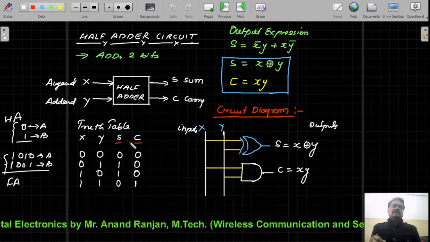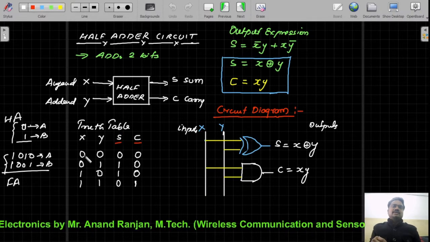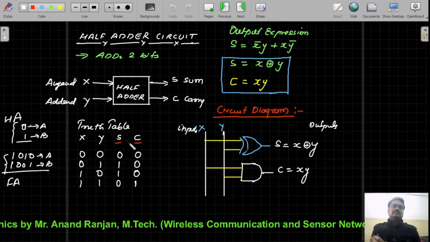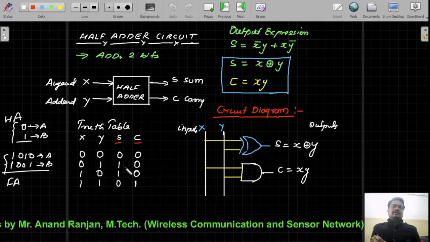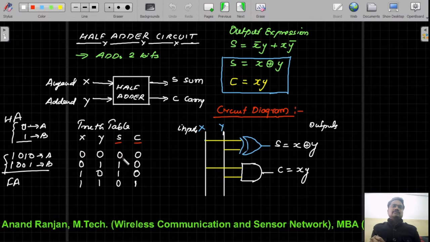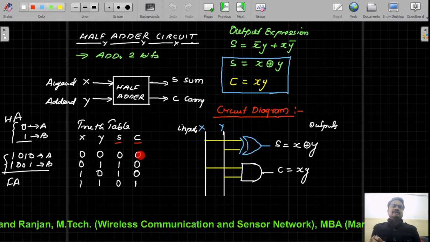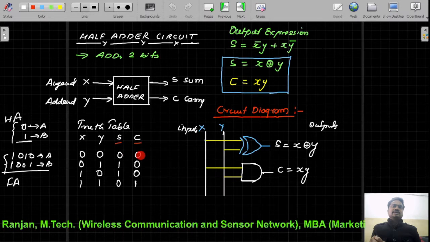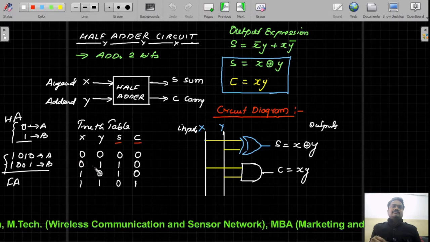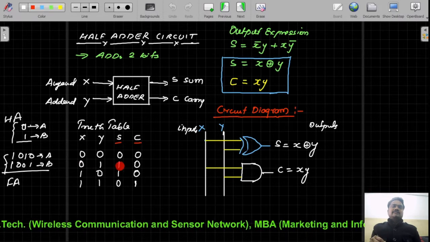And the sum column will be based on the magnitude sum of these combinations, which can be represented in the S column like this. So for example, if you add 0 and 0, you will get 0 and no carry will be generated, so we will write it as 0. Then for the combination 0 1, if we add 0 and 1, we will get sum 1, no carry.